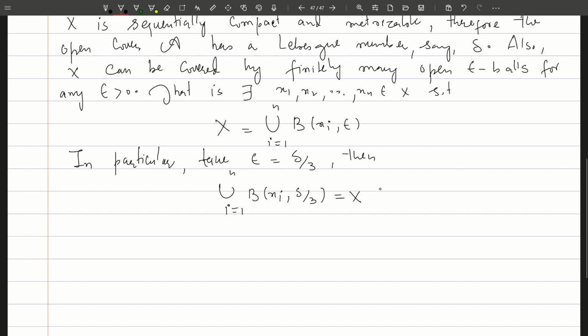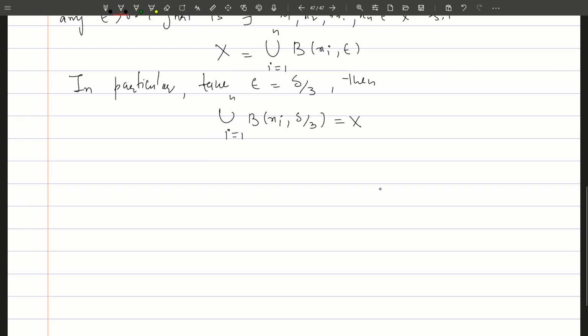Now, since each delta by 3 ball has diameter 2 delta by 3, which is less than delta, by the Lebesgue number lemma, for each i there exists an open set in fancy A. So let us write this down to get a better understanding. Since each delta by 3 ball has radius delta by 3, the diameter is 2 times the radius, 2 delta over 3, and this number is less than delta.